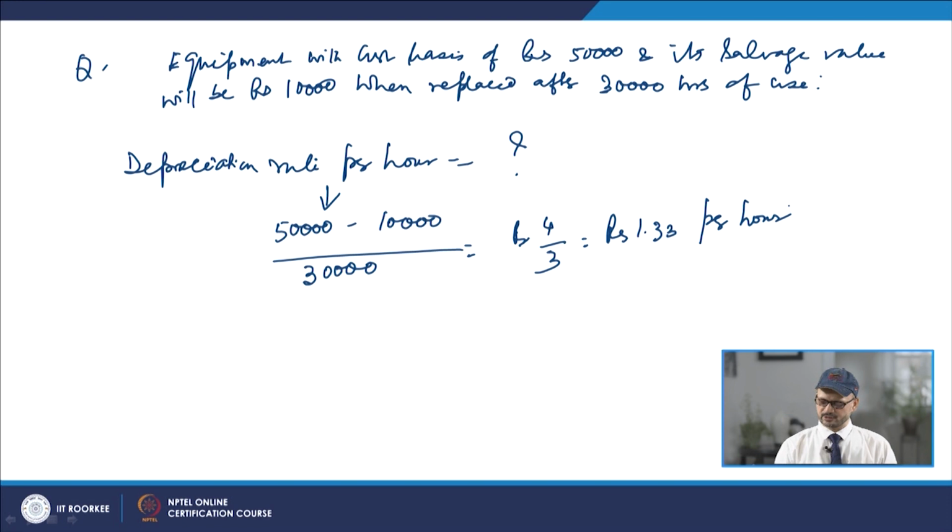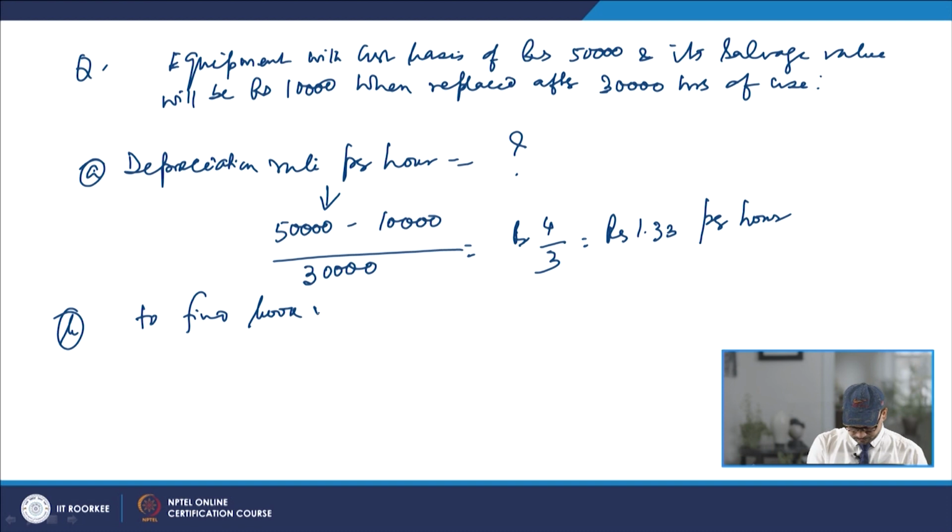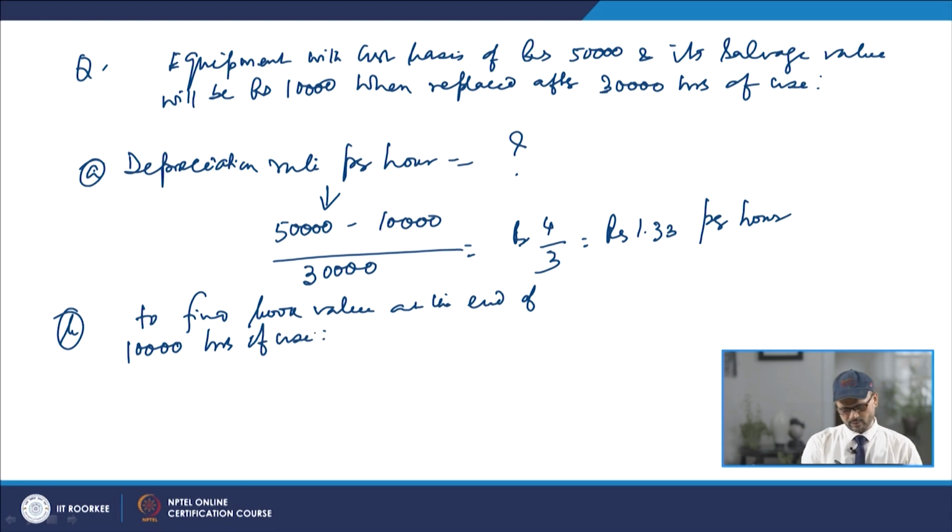Now, based on that, if you are told that some hours of operation have been done and asked to find the book value at the end of 10,000 hours of use, what you do is take your first cost of 50,000 and subtract the depreciation for that much use, which is 10,000 multiplied by 1.33.